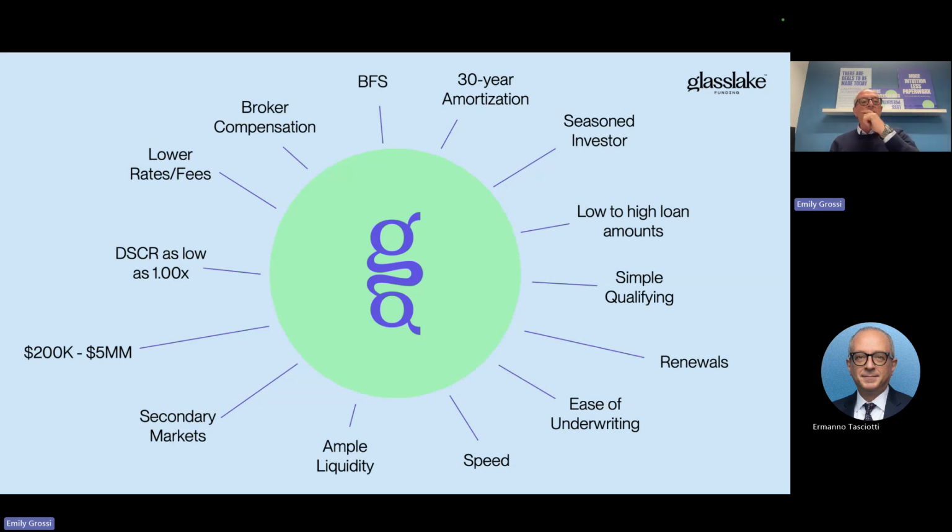Lower rates and fees. If you look at the space that we're in, I always like to look at it in terms of cost to the client. The cost is comprised of the rate, the fees, what reports you're going to need, and any third-party costs. For example, I know one lender, a MIC actually, needs an appraisal, a building condition report, and an environmental. It doesn't matter, they need all that. We'll need an environmental if it makes sense, if we think there might be an issue environmentally.